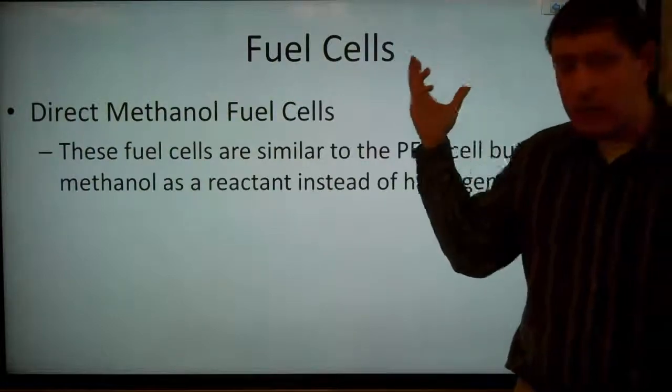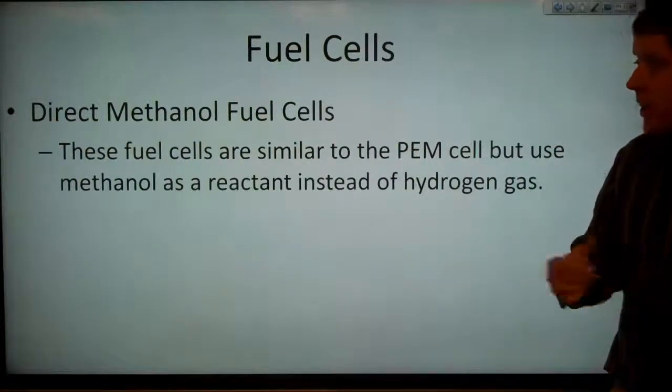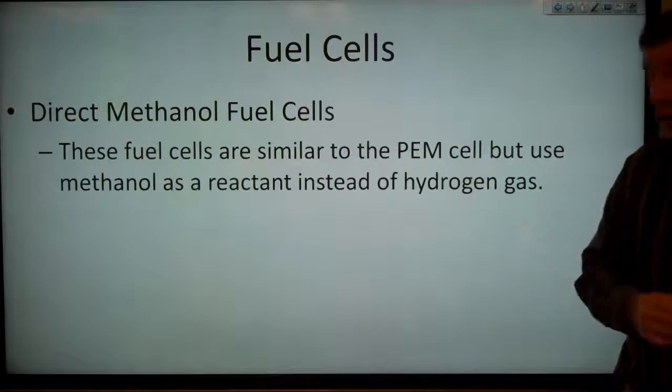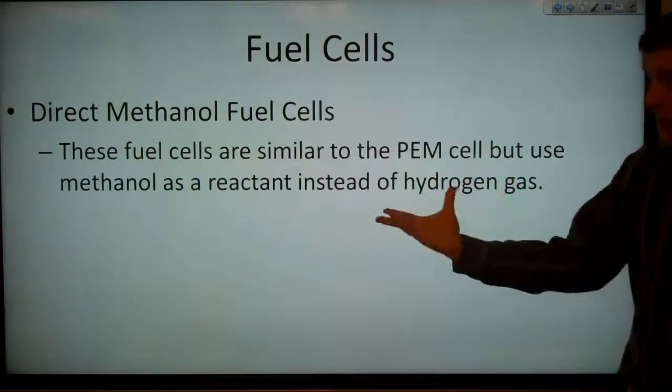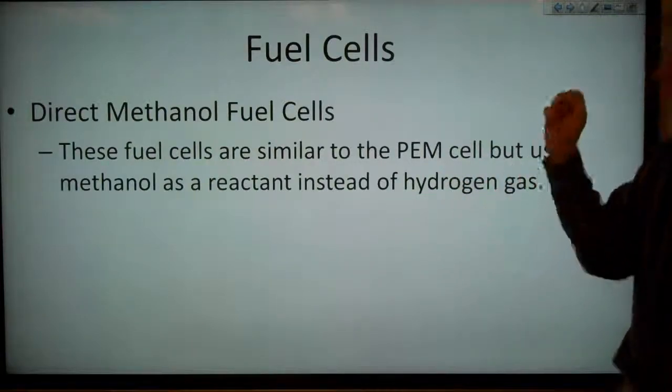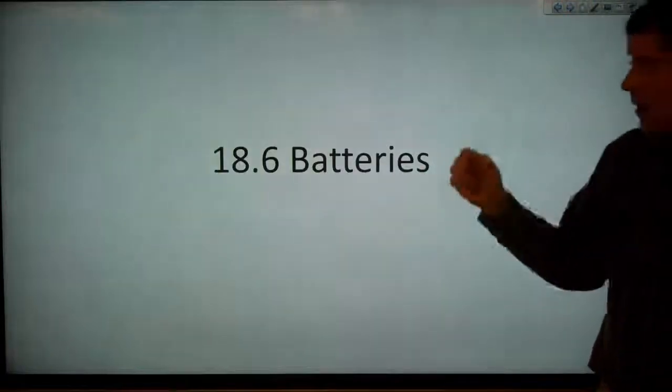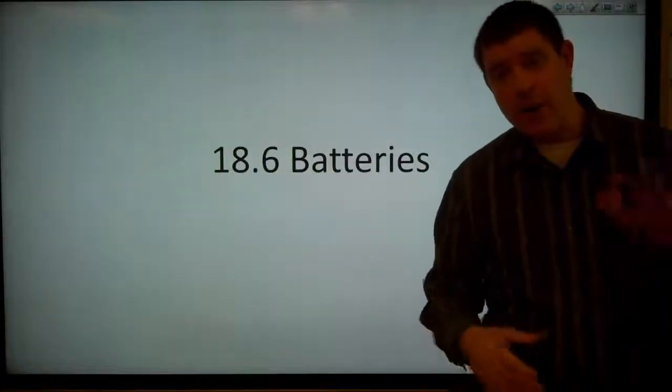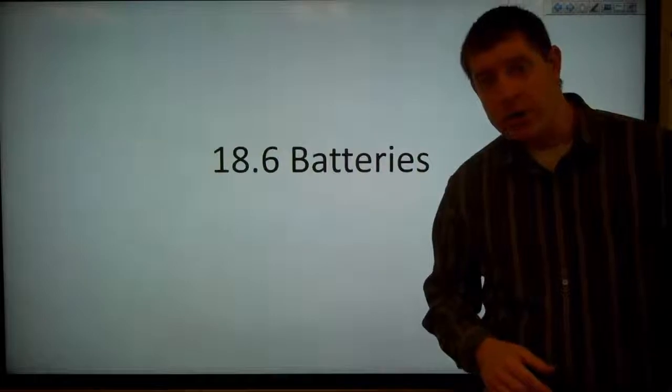We have other types of fuel cells like direct methanol fuel cells, and these are similar to our proton exchange membrane cells, but use methanol as a reactant instead of the hydrogen gas. So both the batteries and fuel cells can be used to power devices.